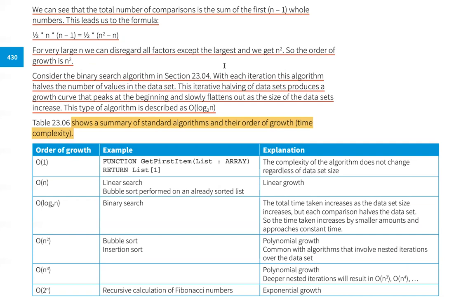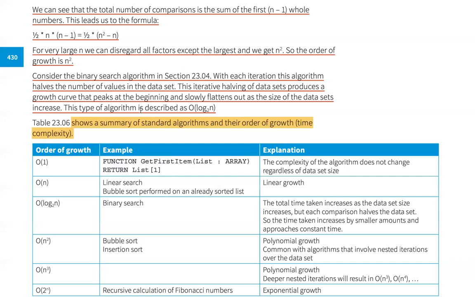Now, with each iteration, this algorithm halves the number of values in the data set. So if I have n, at each iteration, it becomes half of n. This iterative halving of data sets produces a growth curve that peaks at the beginning and slowly flattens out as the size of the data sets increases.